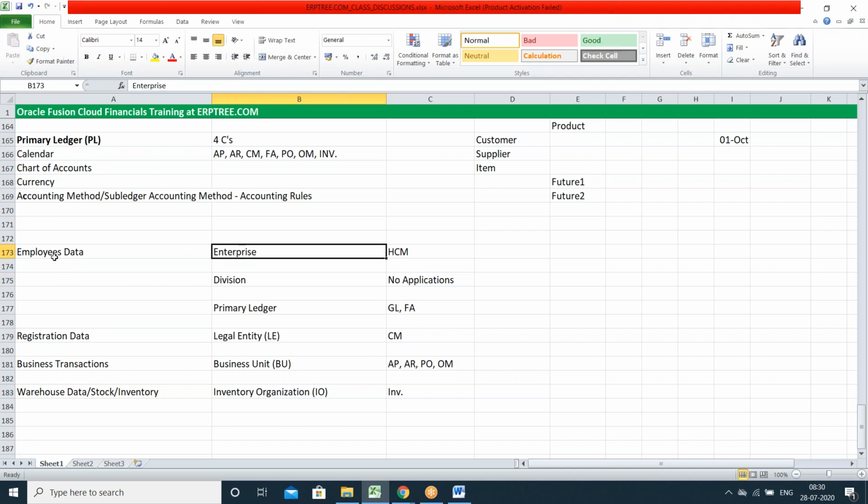So enterprise to maintain the employee information, primary ledger to record the transactions across all these except division, legal entity to maintain the company registration information, business unit to record the core business transactions, day-to-day real business transactions, and inventory organization to maintain the stock and do inventory transactions. So this is how we have to create the environment in the system.